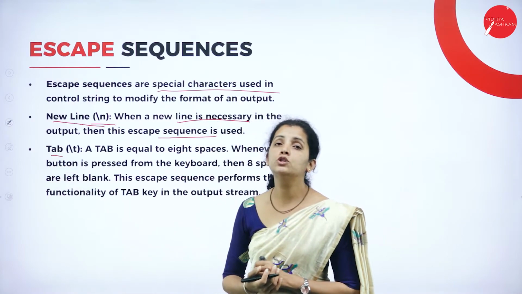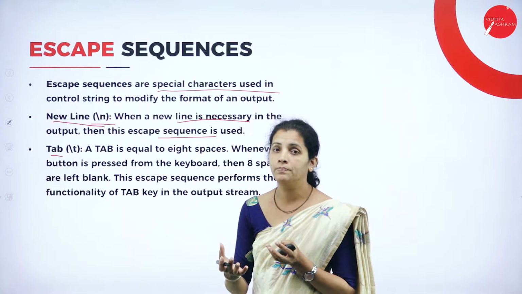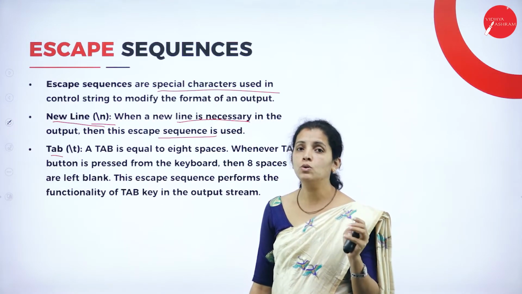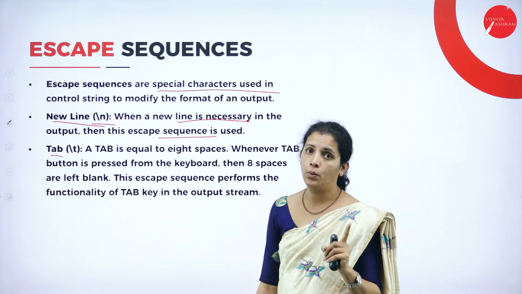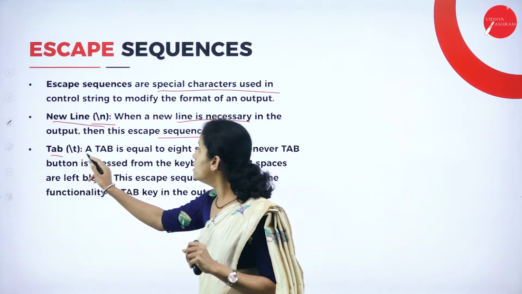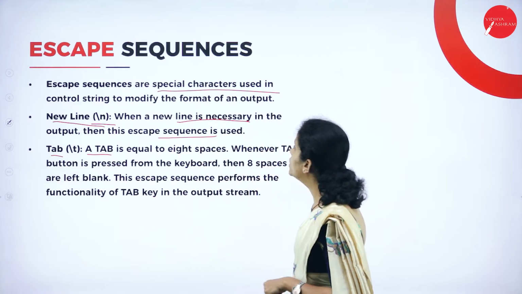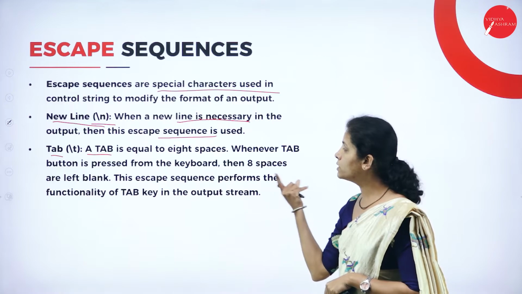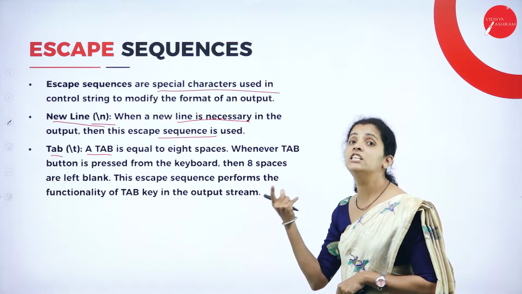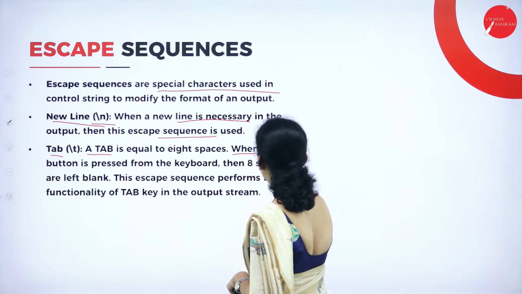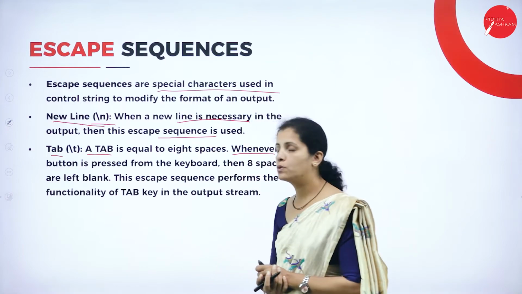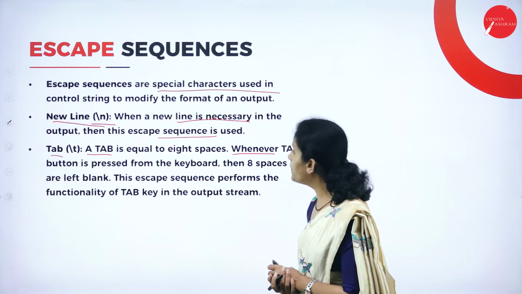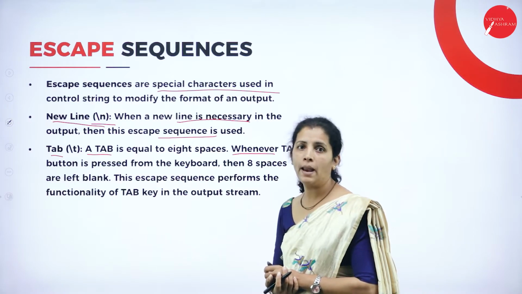And tab. If I want to give space between two words, I'm going to use tab, and it gives 8 width. So a tab is equal to 8 spaces. Whenever the tab button is pressed on the keyboard, 8 spaces are left blank.